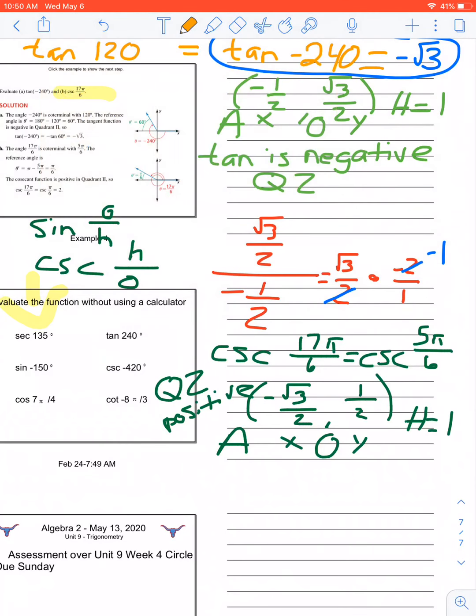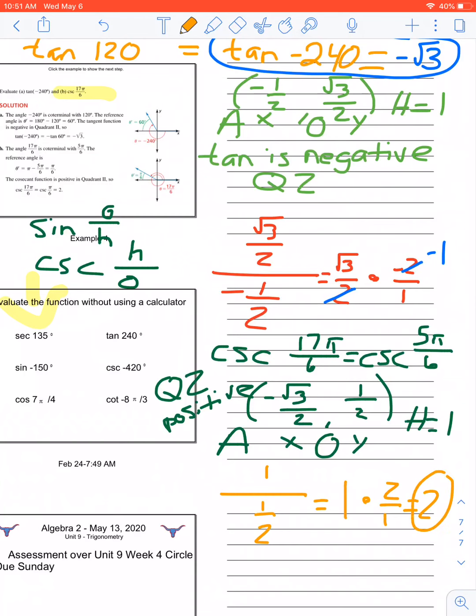I have 1 divided by, because hypotenuse is 1, opposite. Well, opposite is 1/2. So that's the same thing as 1 times 2 over 1, which is 2. So the cosecant of 5 pi over 6 is +2.